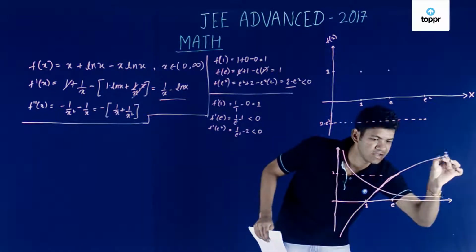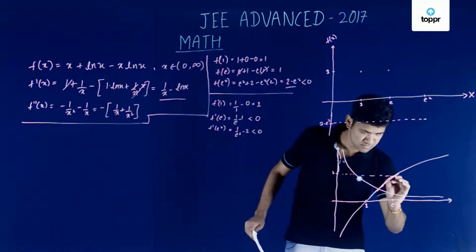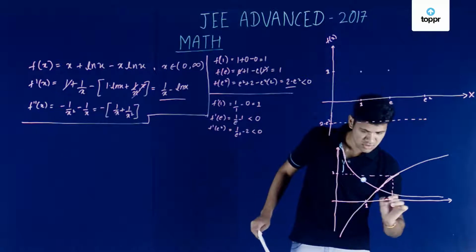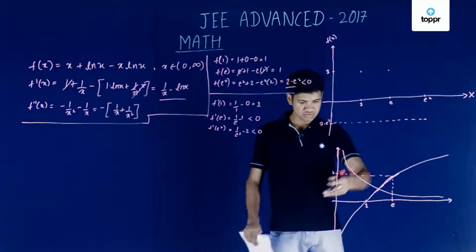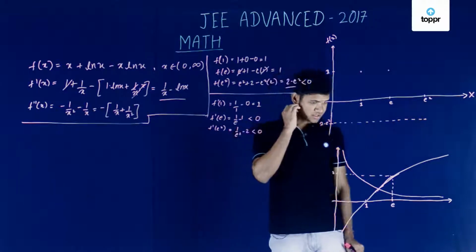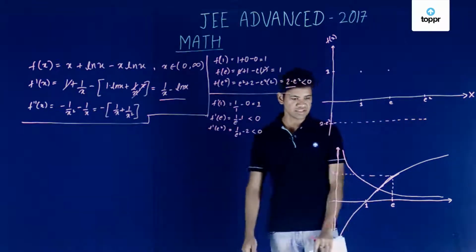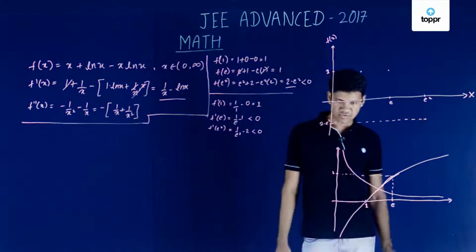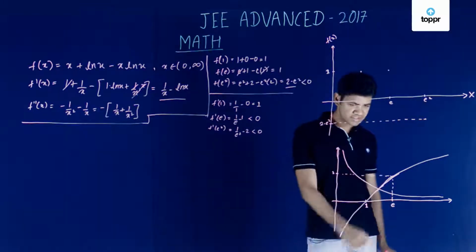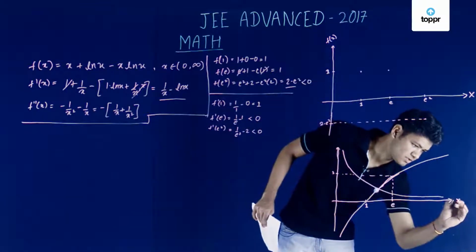So this is the graph of ln x, and this is the graph of 1/x. As we can see, ln x goes to minus infinity as we approach x equals 0, and as x goes to infinity, ln x goes to infinity. And for 1/x, as x goes to 0 it goes to plus infinity, and as x goes to infinity, 1/x tends to 0, right?